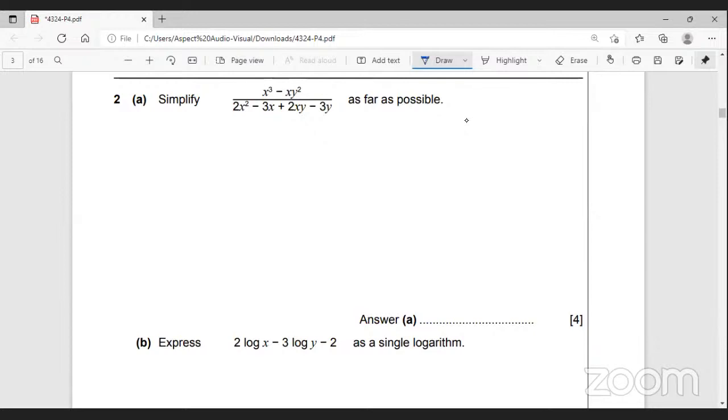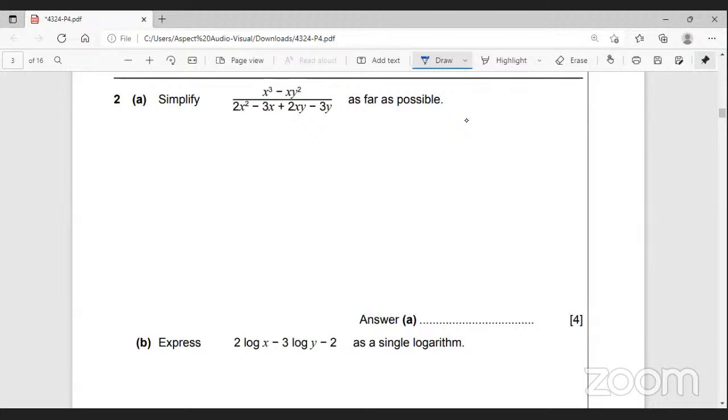Yes, it says simplify. Have we done this one? I don't think so. Okay. So when you look at this question, what are you going to do? It says simplify. So we are going to factorize.